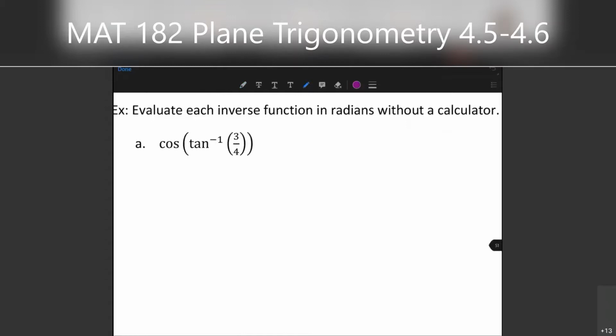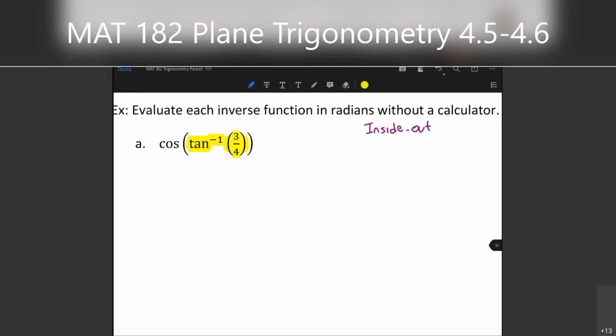So what I'm going to be concerned with is working this problem from inside out. So I'm going to first think about the inner function, and then I'm going to evaluate the cosine after the fact. One thing we know from our last section of problems is this tangent inverse is going to give me back an angle.